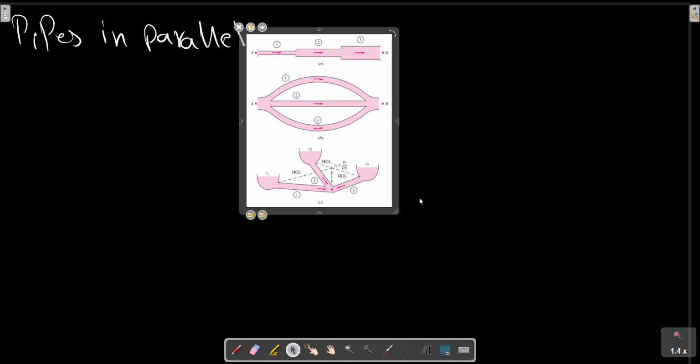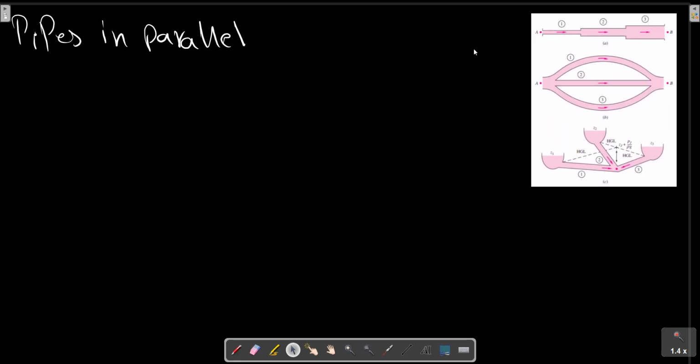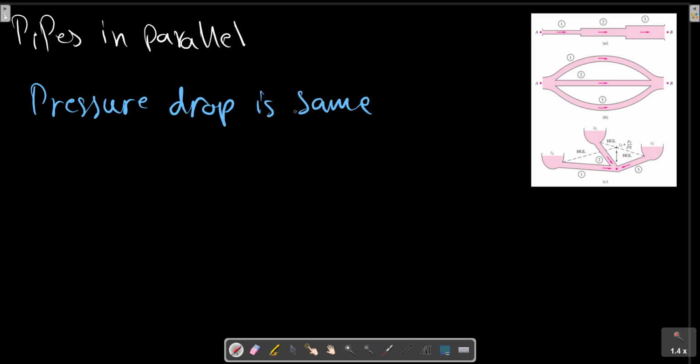In part B, the pipes are in parallel. Here the pressure drop is the same in each pipe, and the total flow is the sum of the individual flows.